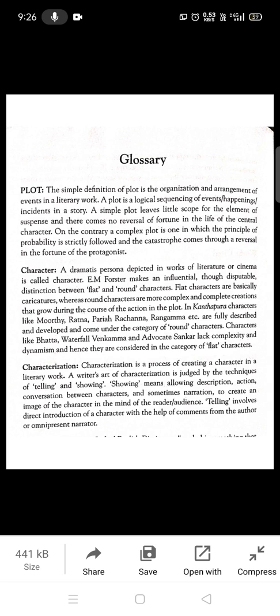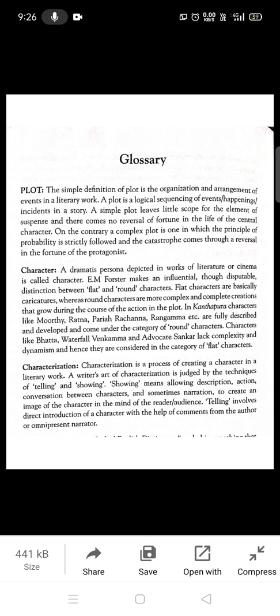How? The writer organizes these very incidents which are there in a particular story or in a script in a particular order to get a certain desired artistic effect.